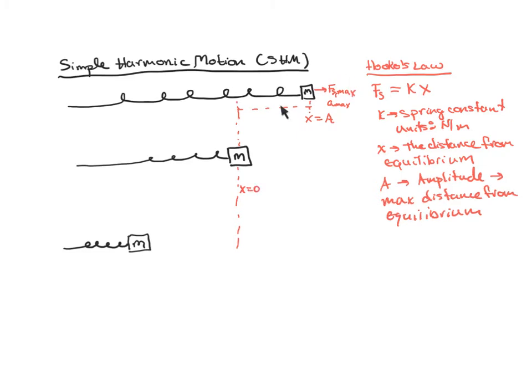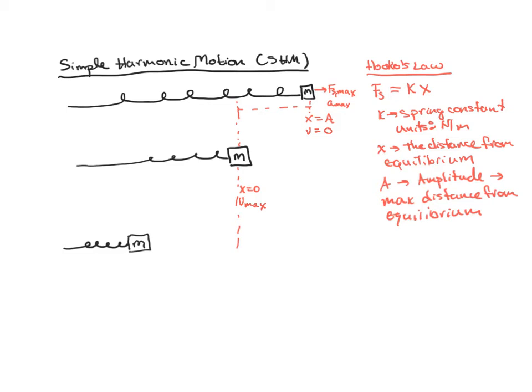Now we started out over here, and we pulled against the spring force, and then we let go to let the oscillation go. So that means when we're here, we have potential energy, and when we're here, we slowly turn that potential energy into kinetic energy. So that means here we're at rest, and here we're at the maximum velocity.